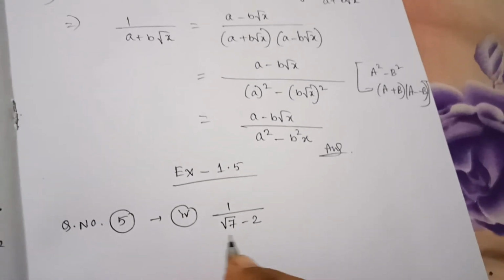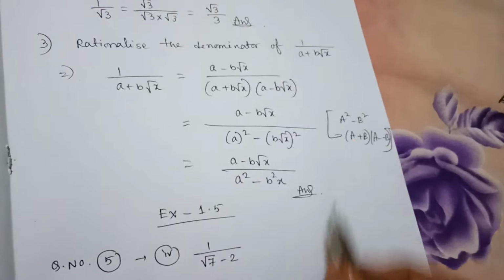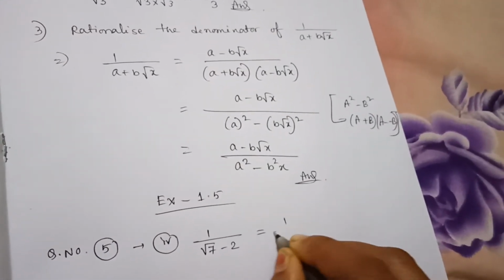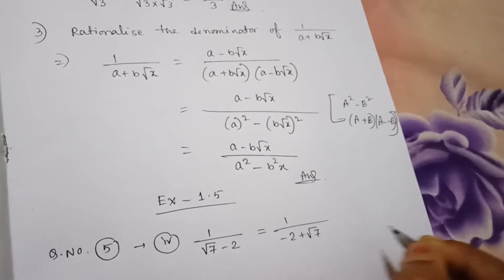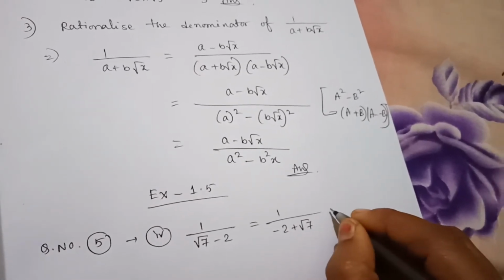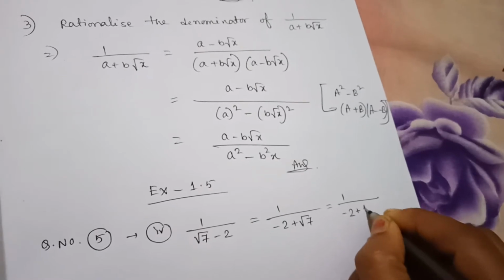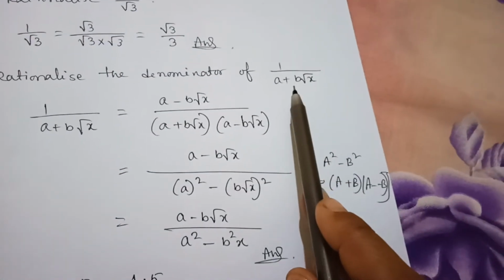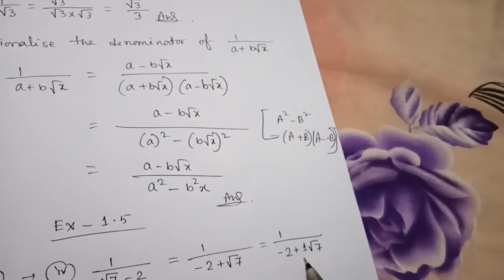How can I tell that this will be the form? Because this one can be written as 1 divided by minus 2 plus root 7, that means it can be written 1 divided by minus 2 plus 1 into root 7. Now you can see that this form and this form are actually the same.